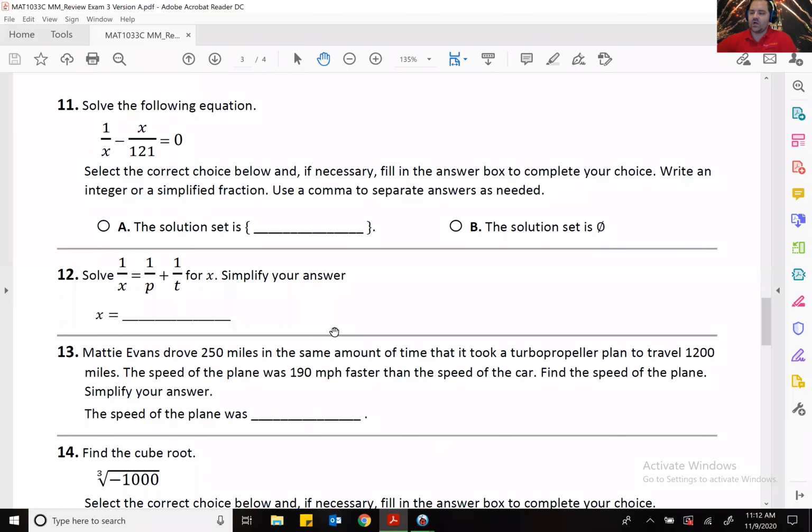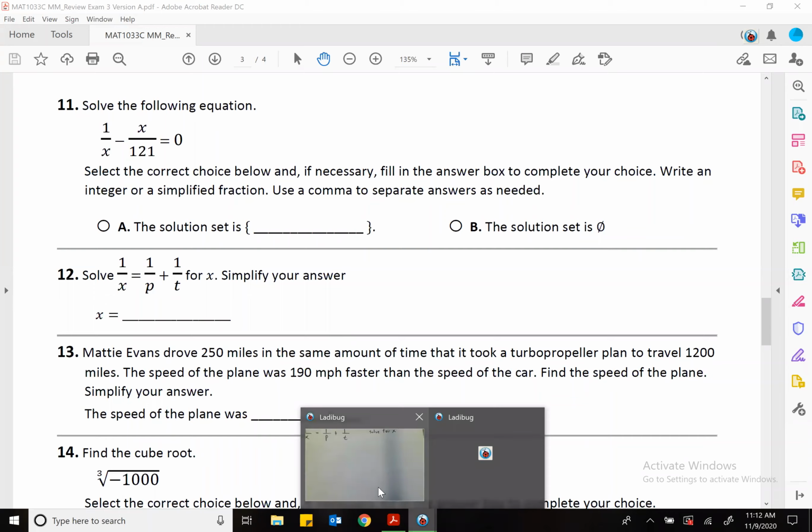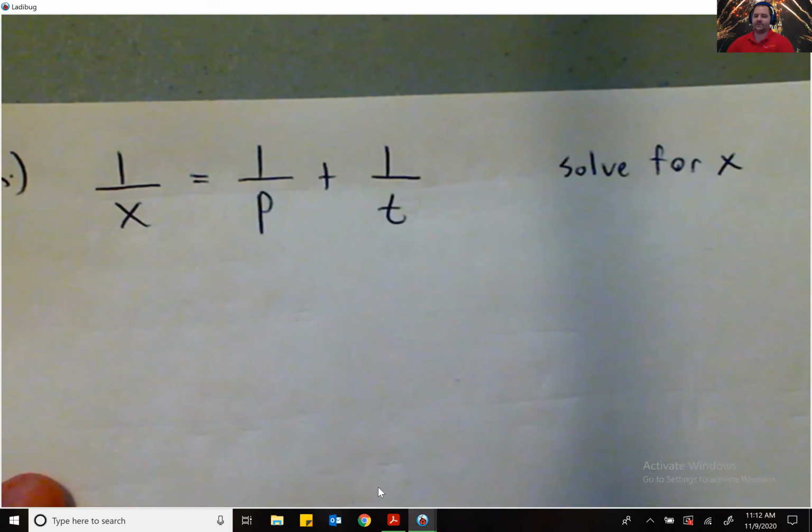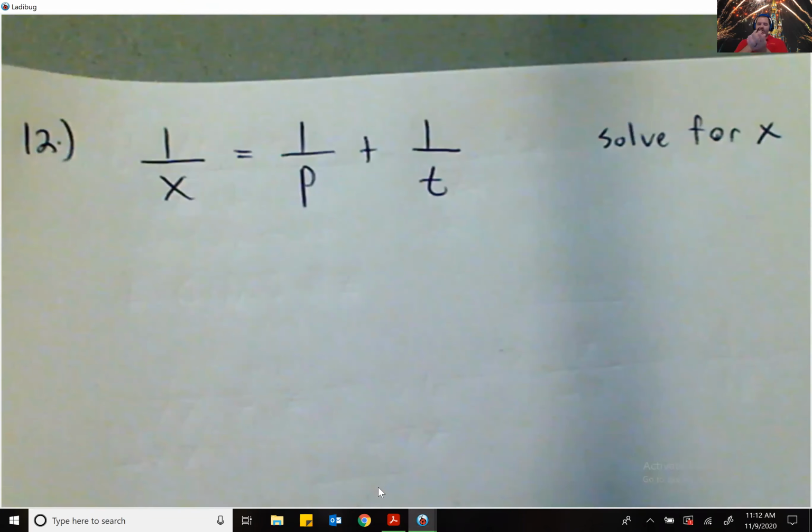They want us to solve for x. So you're not going to get a number answer. You're going to get a formula. So how do I start to get x by itself? What do we got to do?